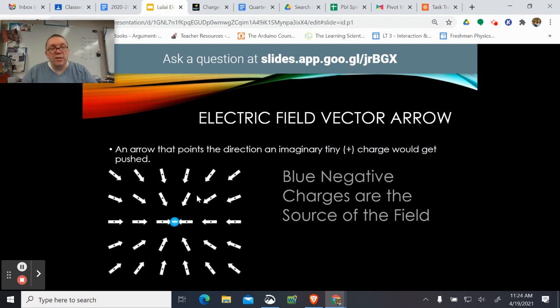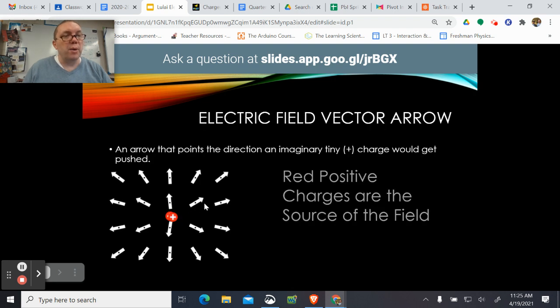Now, we believe fields exist. We have all sorts of evidence that fields exist. Nothing proves that they don't exist. There's no anti-field proof, and there is a lot of proof that fields do exist. The thing that we did make up, and any scientist should agree with this statement, was to say the field is towards a negative and away from a positive.